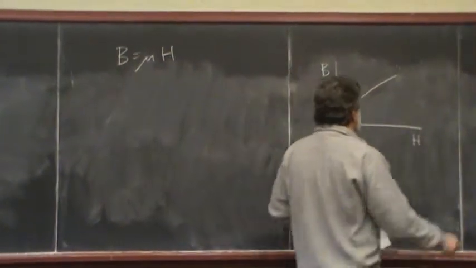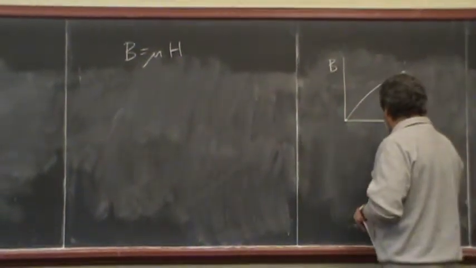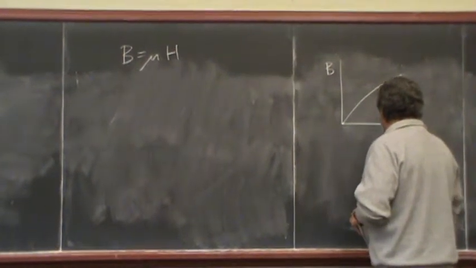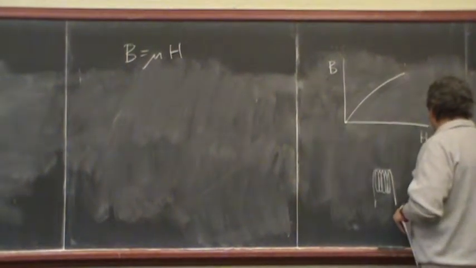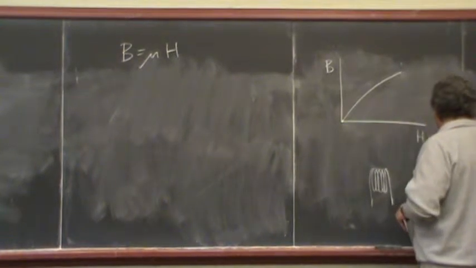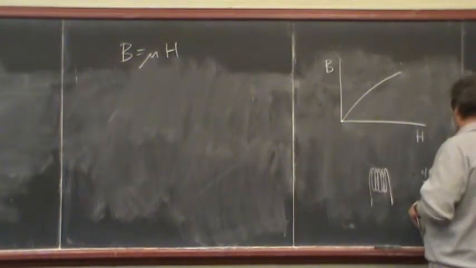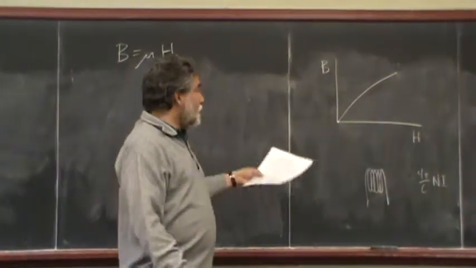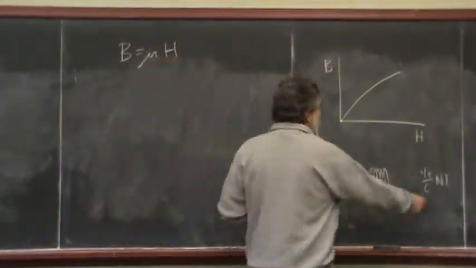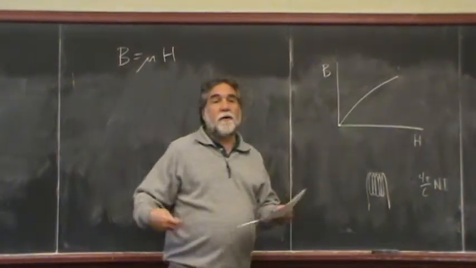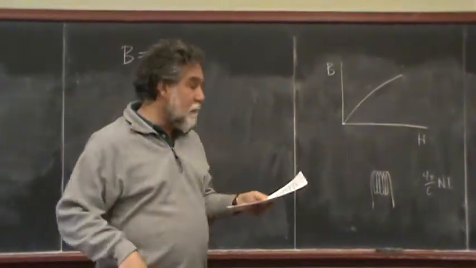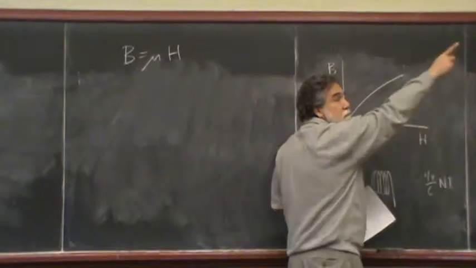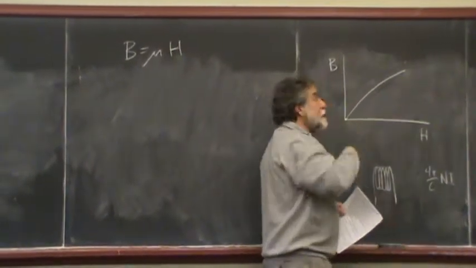So H, if I had a multi-loop coil, and I'll make this simplification in a few minutes, would be 4 pi over c N I for that coil. So H is just a measure of how much current you're driving through a coil around a circuit, for example. So this is completely reversible. We can take the current up, take the current down.